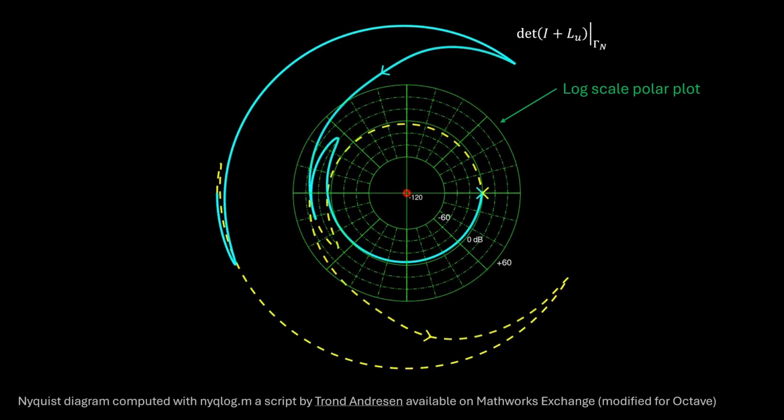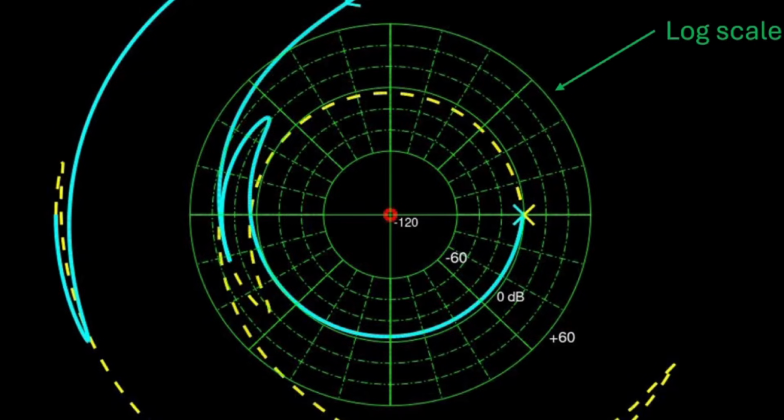This is a logarithmic radial plot that more easily allows inspection of the encirclements. Note the units of decibels marked at -120 near the origin, where the origin is also the critical point at -infinity decibels, and the tick marks increase to 60 decibels as shown.